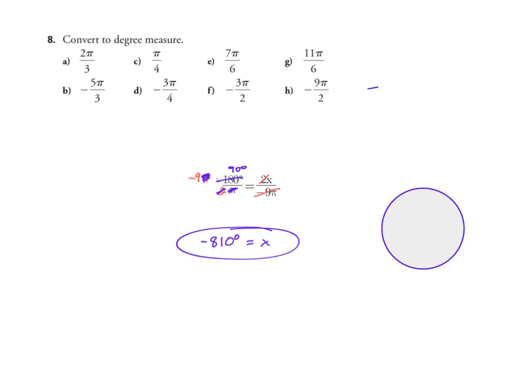Let's see if that kind of makes sense. Negative 9 pi by 2. So this is negative pi by 2, 2 pi by 2, 3 pi by 2, 4 pi by 2, which is 2 pi, 5 pi by 2, 6 pi by 2, 7 pi by 2, 8 pi by 2, so it's twice around, and we're already at 4 pi, 9 pi by 2. So we went 2 times around plus a quarter.